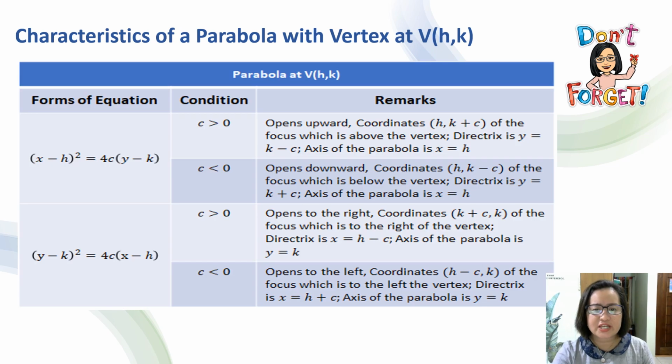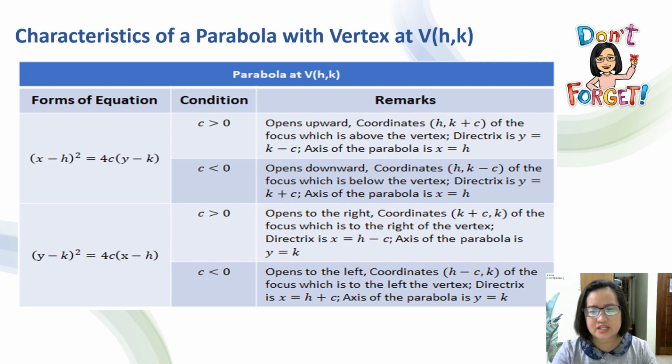Here is also a table summarizing a parabola with vertex at (h, k). When the parabola is regular, we can determine whether it opens upward or downward using the value of c. If c is greater than 0, or c is equal to a positive number, we can say that the parabola opens upward. The coordinates of the focus is at (h, k plus c), which is above the vertex.